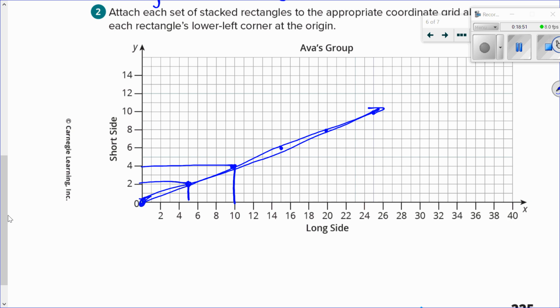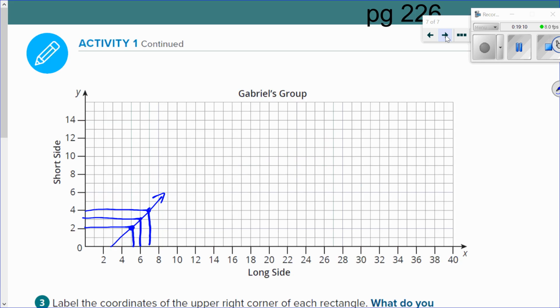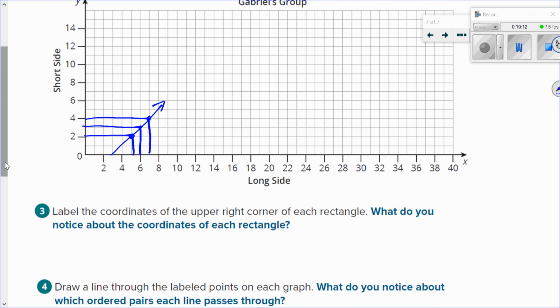So that means we have a linear relationship between them, and because it is linear and because it goes through 0, 0, that means they are proportional. In other words, it's a ratio. When you look at Gabriel's, you should have also seen that you could draw a straight line through each of those points.